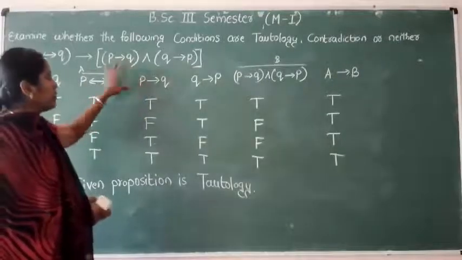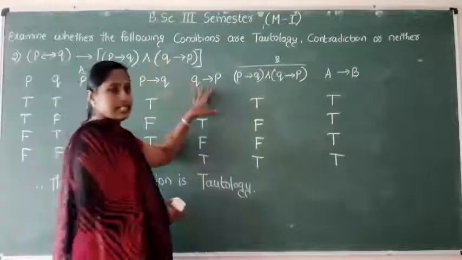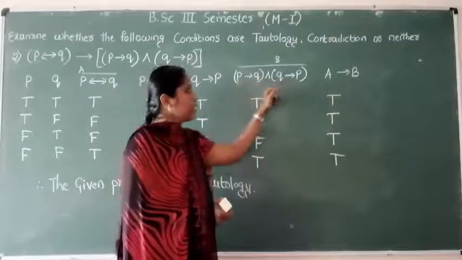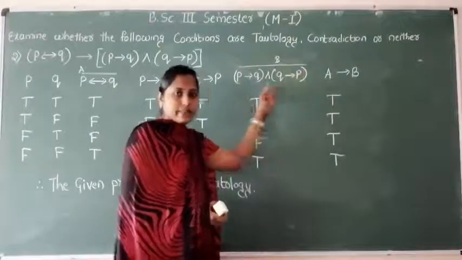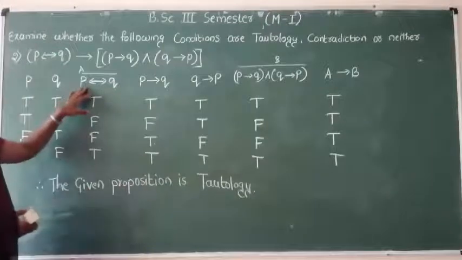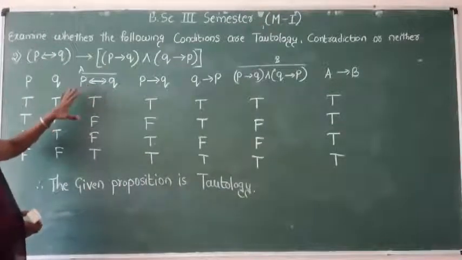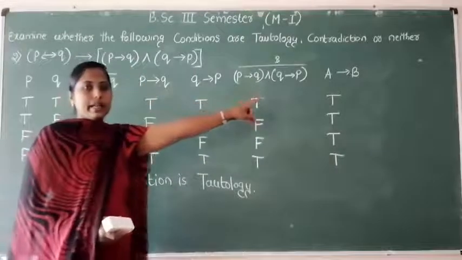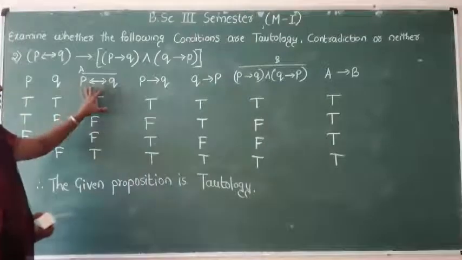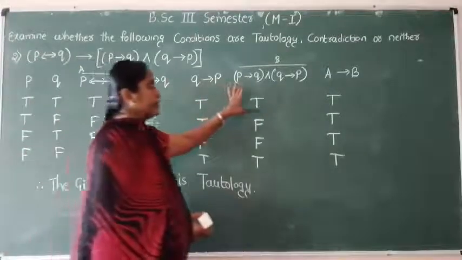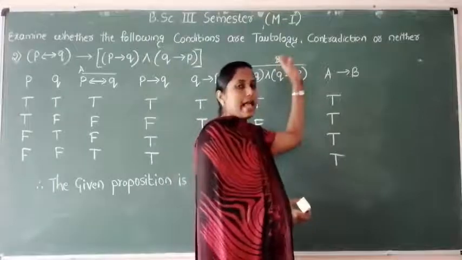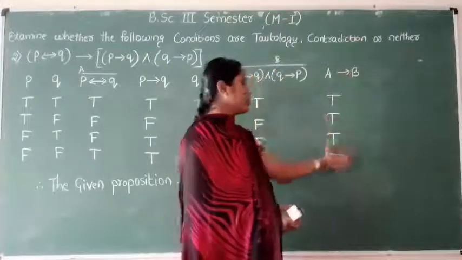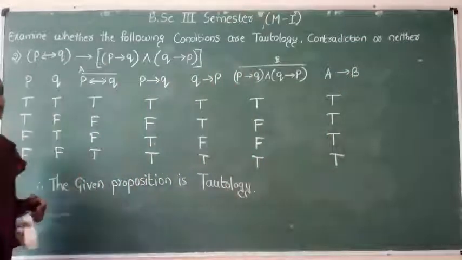Let us solve that one: P implies Q, after that Q implies P. Combine these two terms with and: P implies Q and Q implies P. Consider this as B and the first condition as A, that is P by conditional Q. So again solve these two terms, then we will get A implies B. Here I am taking P by conditional Q as A and P implies Q and Q implies P as B. So after that A implies B, so the result is tautology.